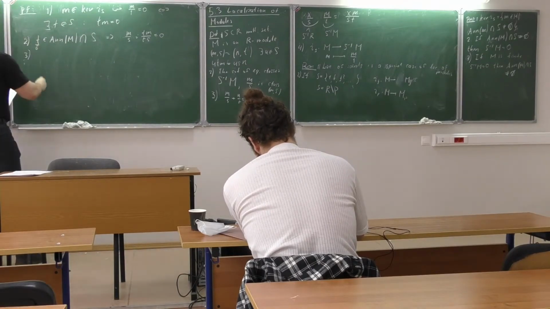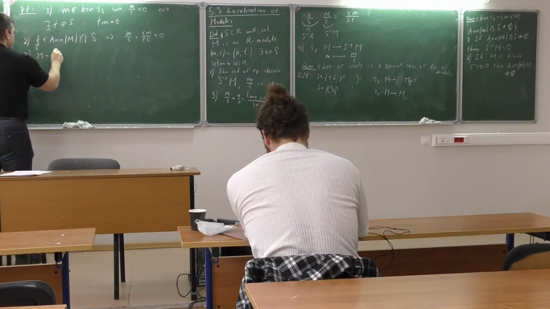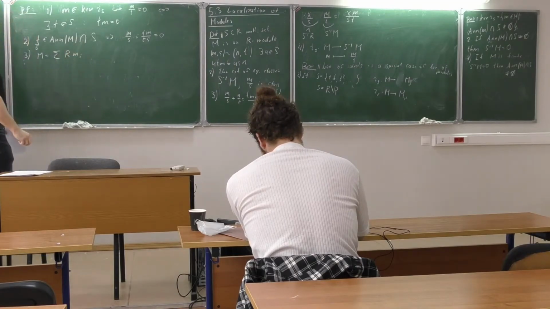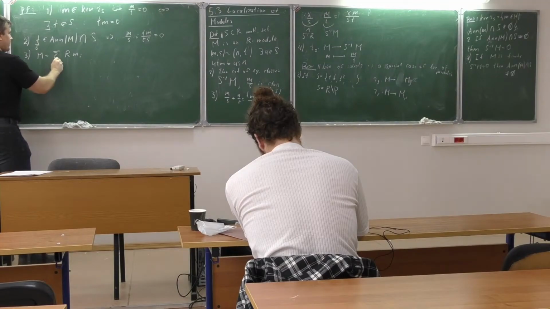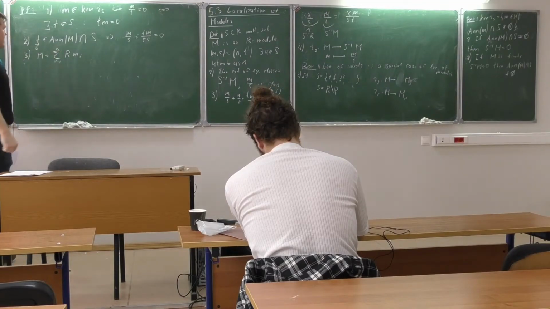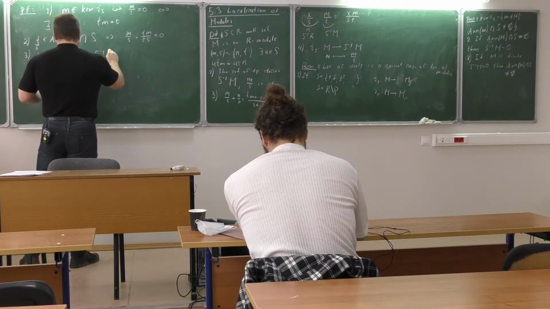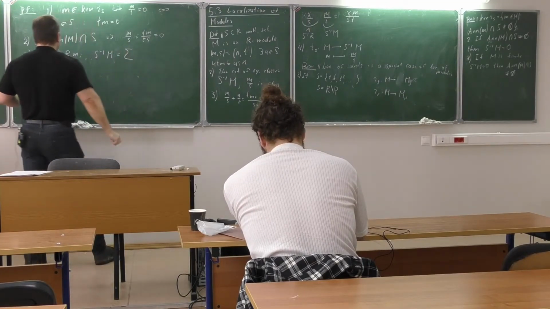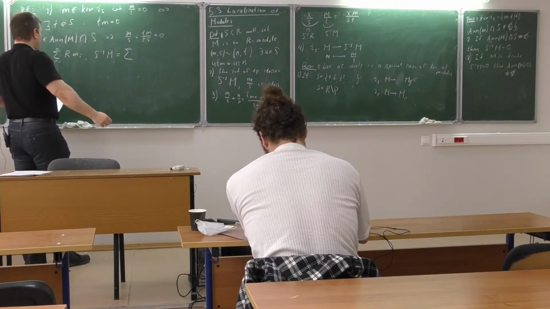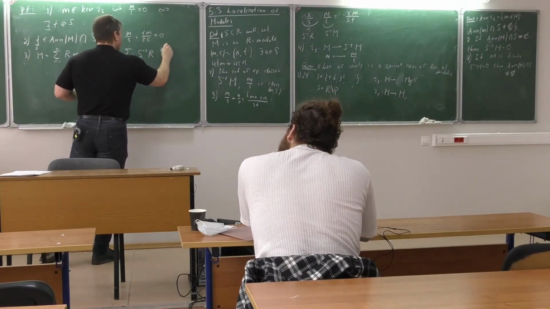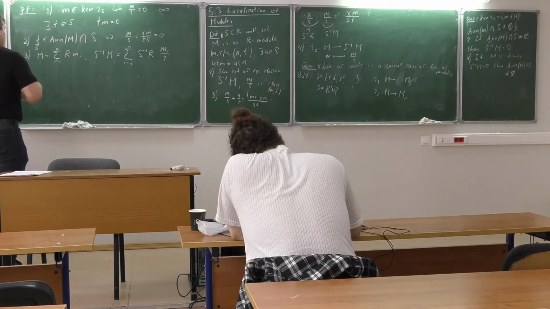Now for the third part, we know that the module is finite. So let me write it as a sum of R m_i. These are just names for finitely many generators, maybe n generators m_i. Then if I look at the localization of this module, I can generate it with essentially the same generators. So I can write that this is S inverse R times m_i over 1. And I know that the localization is zero.